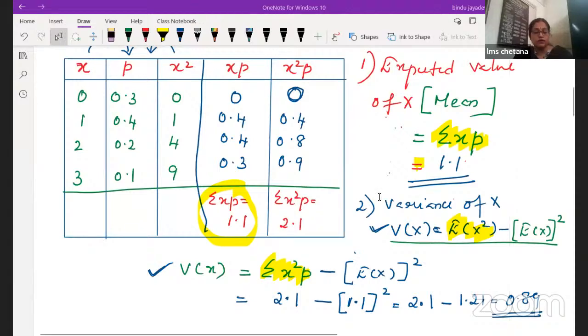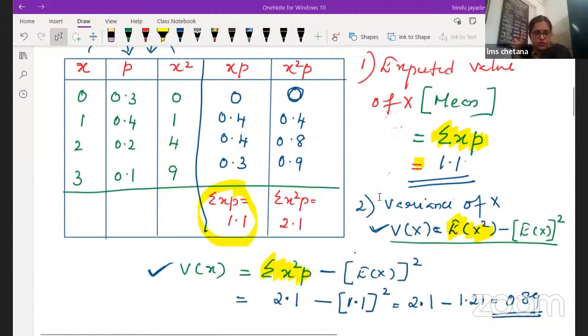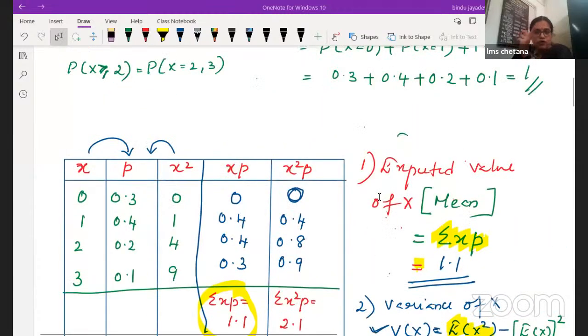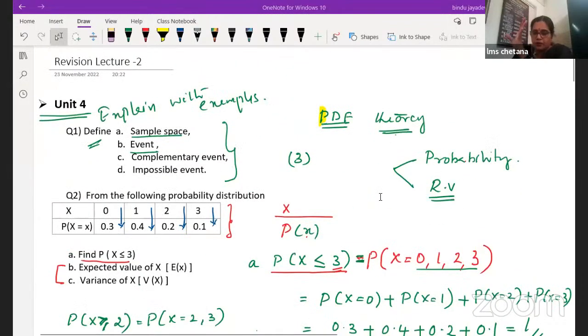Therefore, unit number 4: we discussed, I solved for you only one question. And I told you what theory parts can be expected questions. Just prepare yourself. The remaining questions for unit number 4 are related to the probability part that you have to practice yourself. If you want to watch a video, it is already there and your teachers have already completed that.